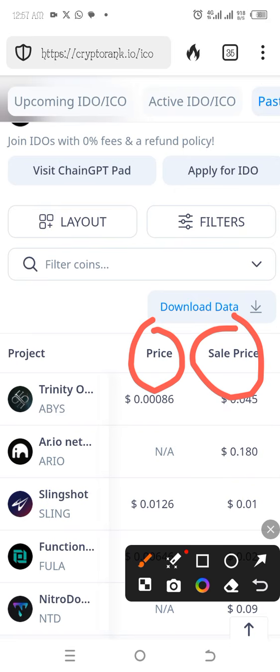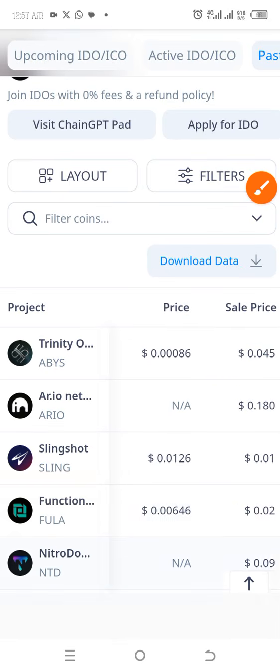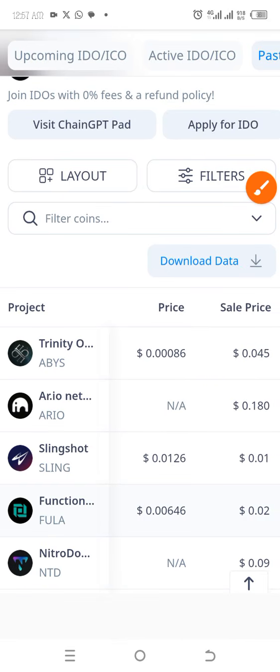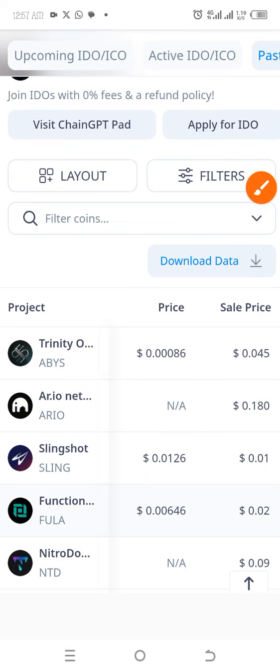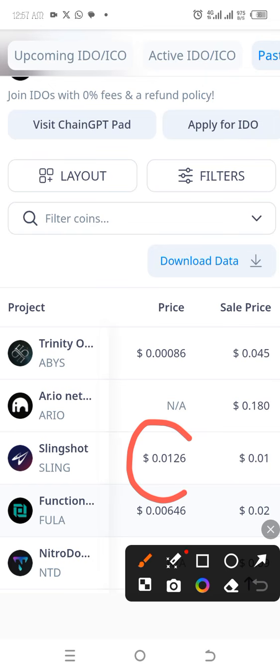So now, for example, let's check out this one. I think this one they have not actually listed. This coin was listed today. This Slingshot was listed today, and on the IDO they were selling it at a rate of 0.1.